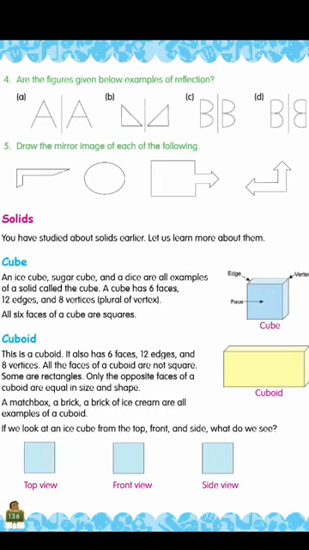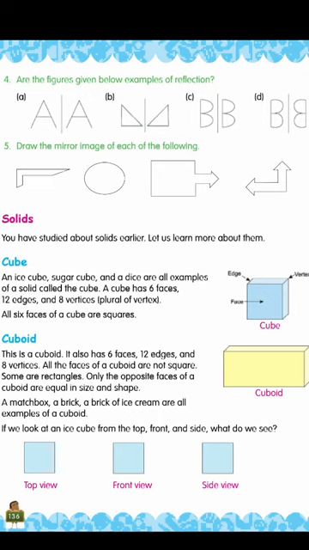Similarly, the second example of solids is the cuboid. A cuboid also has 6 faces, 8 vertices and 12 edges, same as that of a cube too. Then what is the difference between a cube and a cuboid?